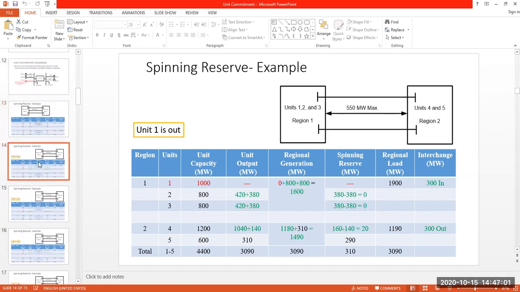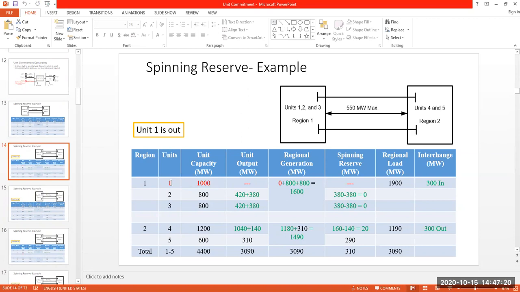So let's go to slide number 14. Now the case is some contingency state, some different states where we consider that unit 1 is out. So you see the red color. Now this unit is tripped or this unit is out due to maintenance.